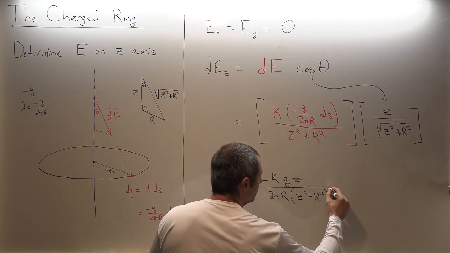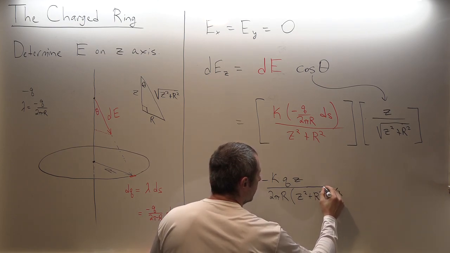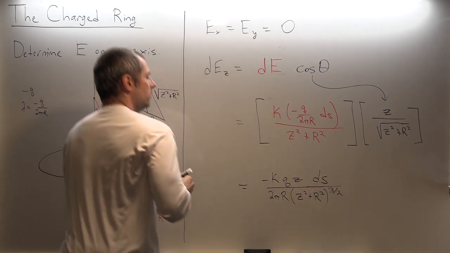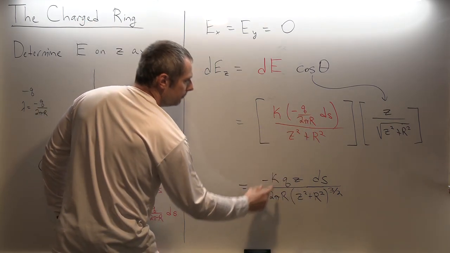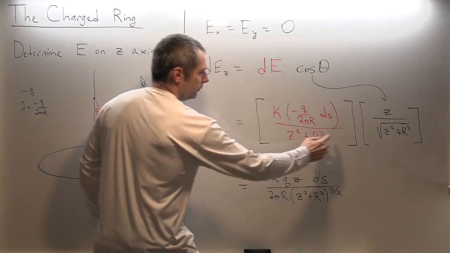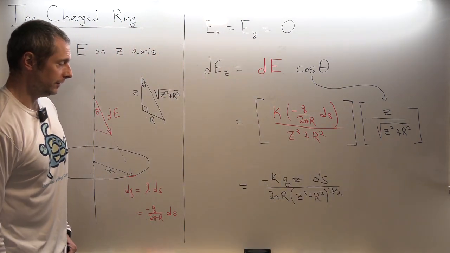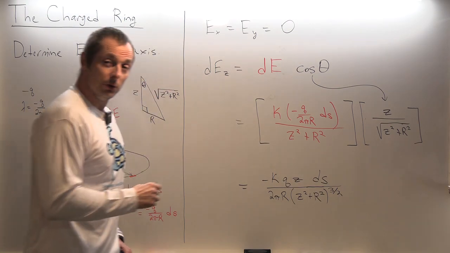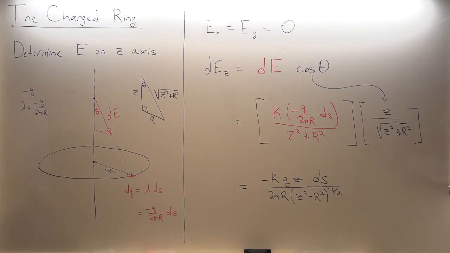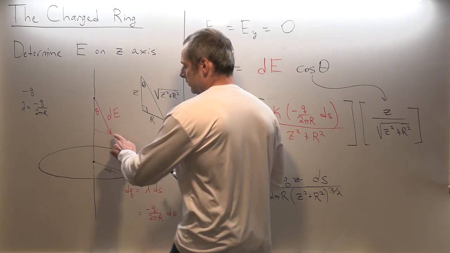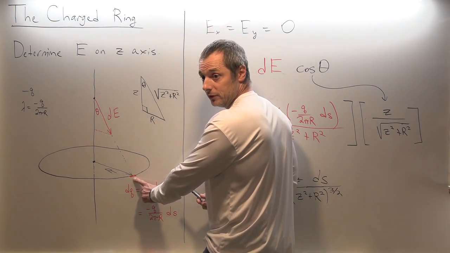Let me make that a little bit bigger, to the 3/2 power. And then we have ds. Okay? So I put the 2 pi r down in the bottom, because that's where it belongs. I have in the top k, q, and z. And then these two combine to the 3/2 power. Okay? That is the z component. Maybe I have to pause here to give you an opportunity to catch up. So that is the z component of just this one little piece.